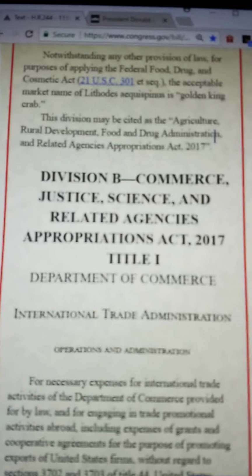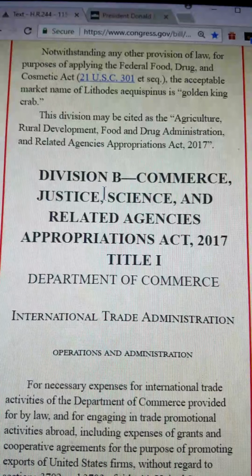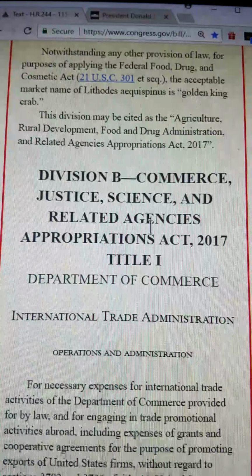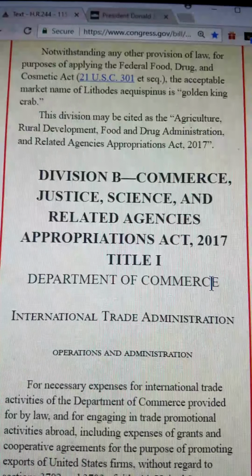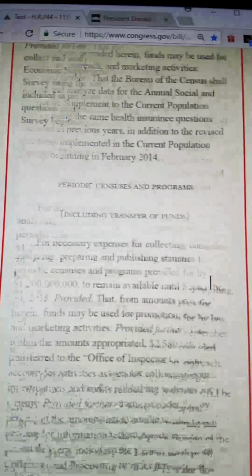So let's go back up, because this is important. This right here is really important. I went all the way back up to the beginning of Division B, which is just the Commerce, the Justice, Science, and Related Agencies Appropriations Act 2017. Okay, so I'm going back down to Title II.